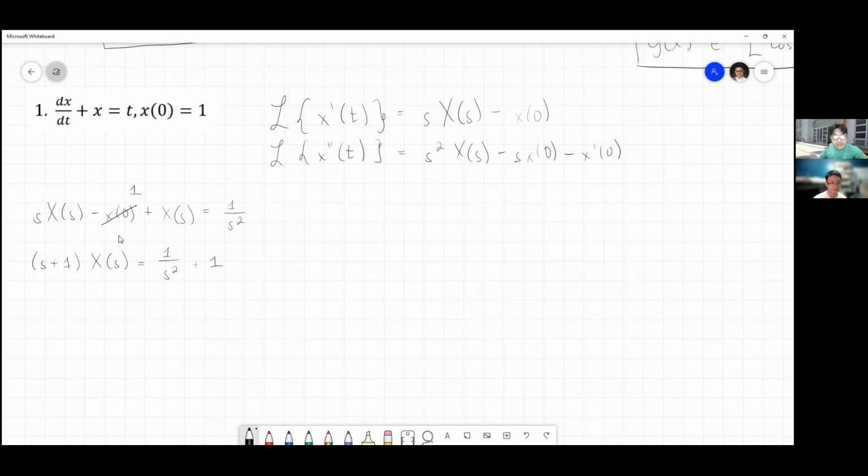Okay? Choice nyo yan kung gusto nyo na pagsama yan, tapos saka nyo ipaghiwalayin. And then yung ating function in terms of s is just 1 over s squared s plus 1 plus 1 over s plus 1.